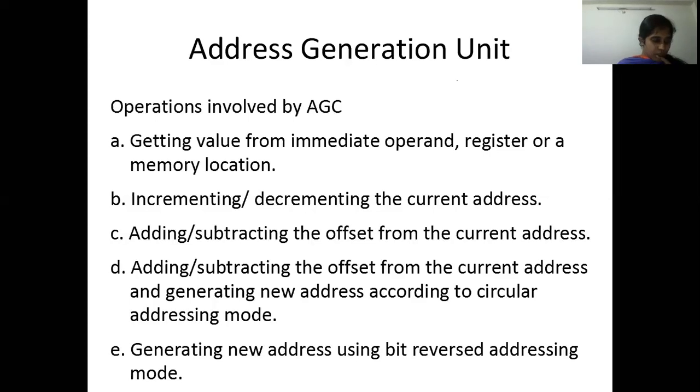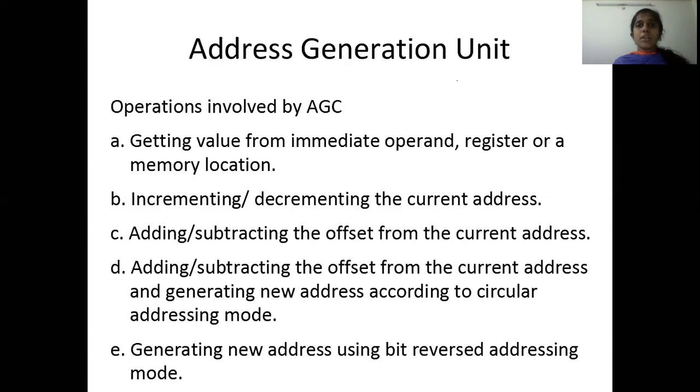Another important point I would like to mention here is that the address generation unit itself needs some extra hardware because it has to do many computations in order to reach the operand address. In order to do those computations, it requires some hardware circuitry. That circuitry is the arithmetic unit. The arithmetic unit handles all the computations required to reach the operand addresses.